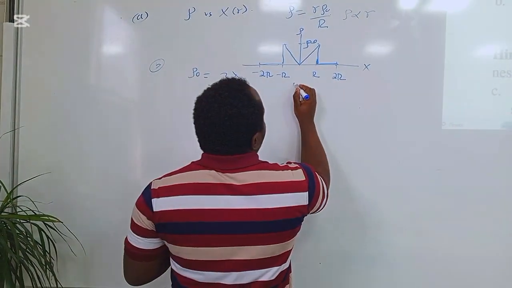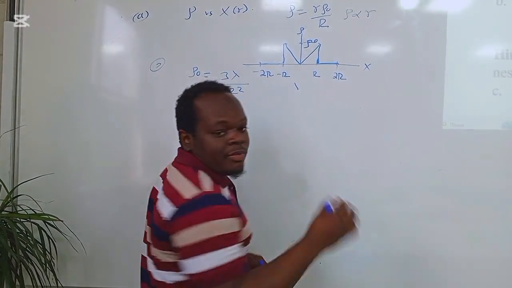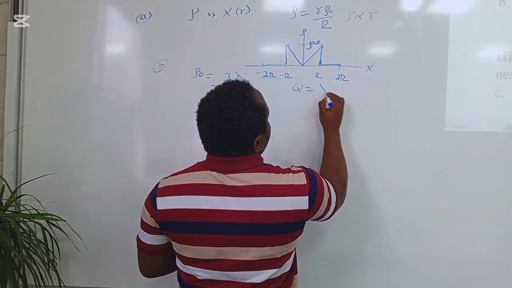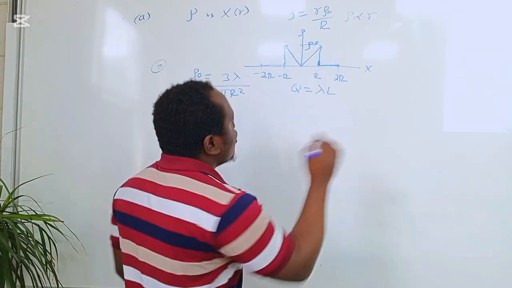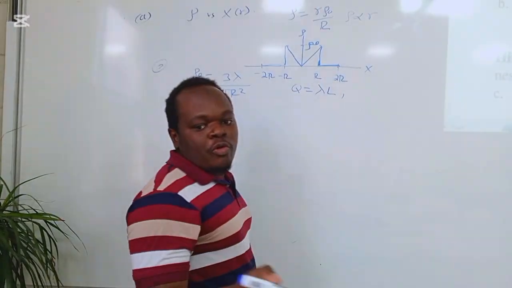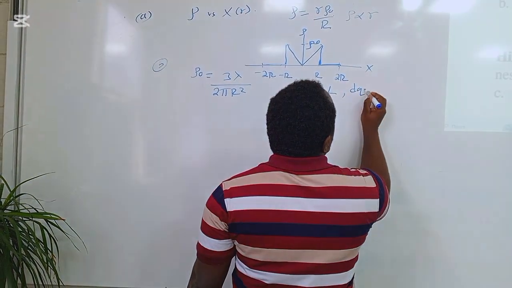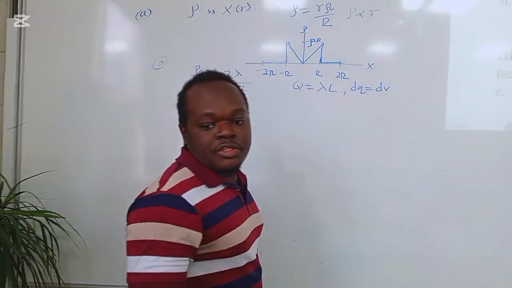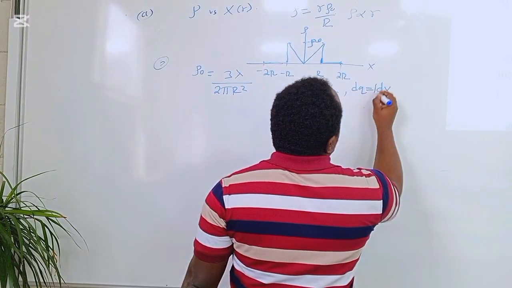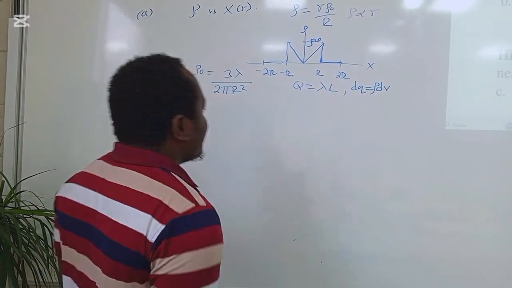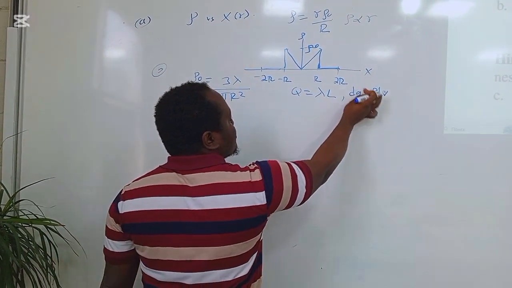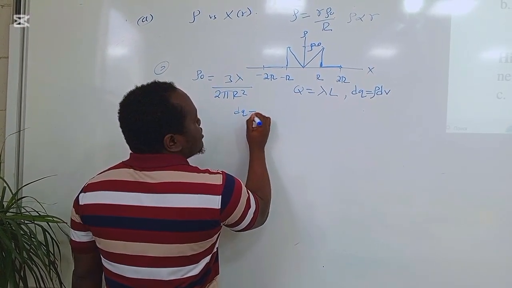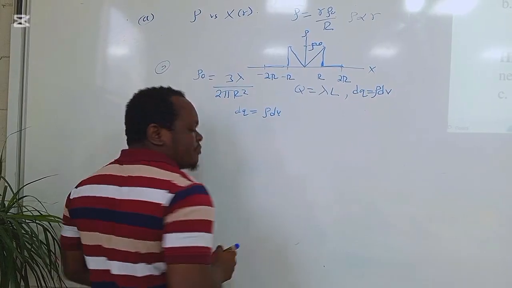First of all, linear charge density, which has been given in the question, whereby Q is equal to lambda L. Also, volume charge density, we also have been given, whereby dQ is equal to rho dV. So dQ is equal to rho dV.